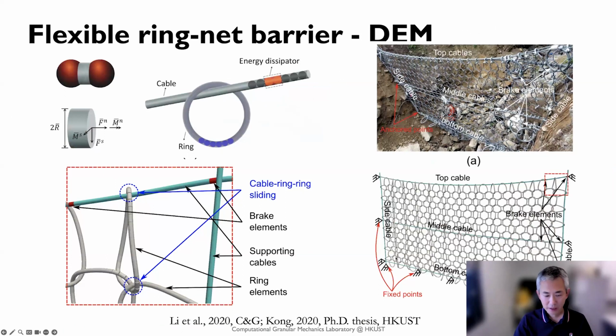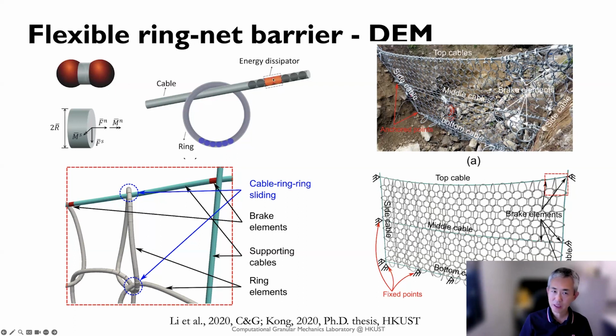And for the ring net barrier, we could also use DEM to simulate it. For example, this is a demonstration. For each ring, we connect the particles together, using certain diameters, and we develop a certain shorter cylinder bond between the particles to form them together here, right? Typically in our simulation we use 80 to 100 particles for each ring.